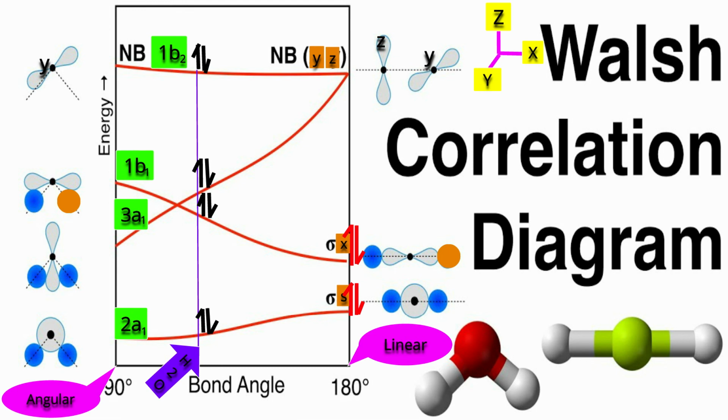But if you see, the favor of 2a1 and 3a1 is very huge, very large, so the structure should be 90 degree. So in H2O, the bond angle should be 90 degree. But it is not. What is the reason? See, molecular orbital formation depends on symmetry, depends on energy, and by the way, it depends upon overlap. What are we doing? We are bending the peripheral atoms in such a way that the angle is 90 degree.